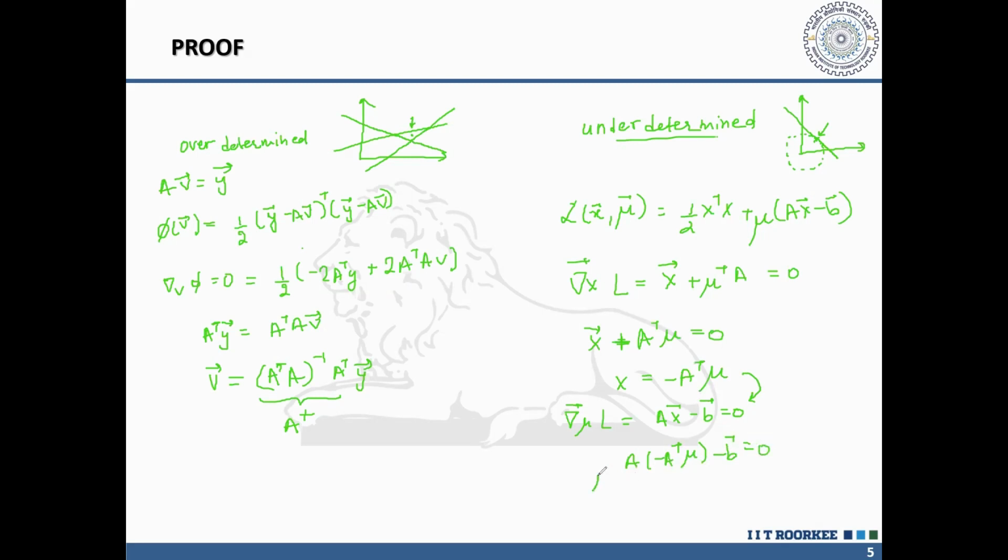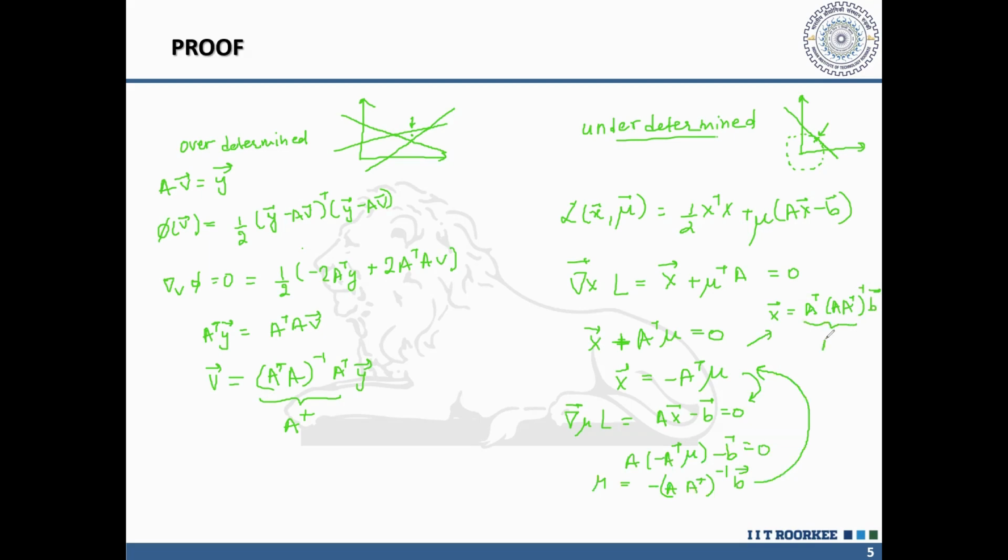And you get mu as minus A transpose inverse B, right? And then you just put this back into this equation, and from here, you get your x as A transpose into A transpose inverse B, right?